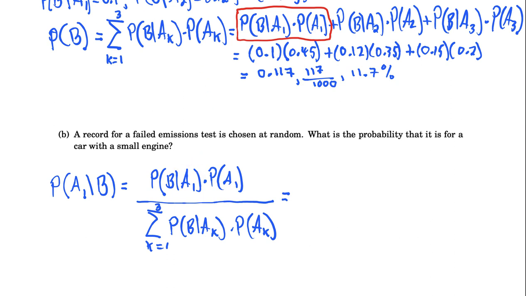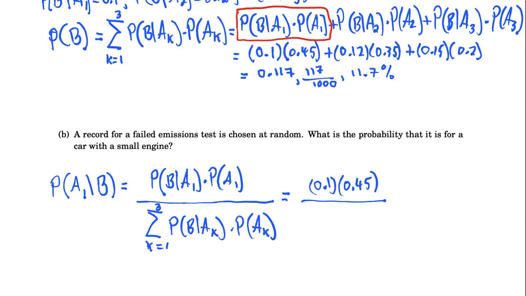All right. So let's go ahead, and well, we know what this is. This is the 0.1 times the 0.45, and that's in the numerator. Again, I don't have to write out all these terms because we've already computed it.